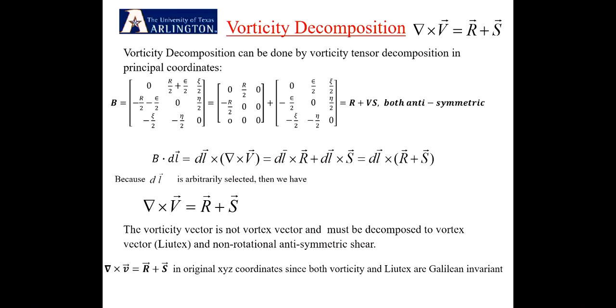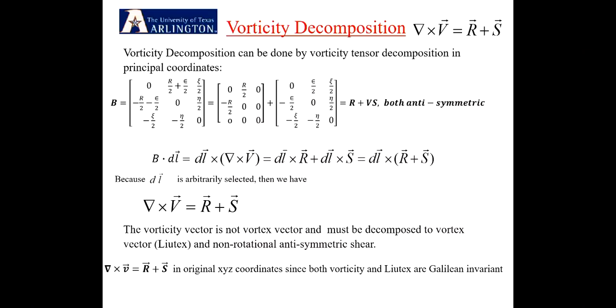B is anti-symmetric. Beta is equal to this. B is anti-symmetric. Curl B plus S, S is not anti-symmetric.